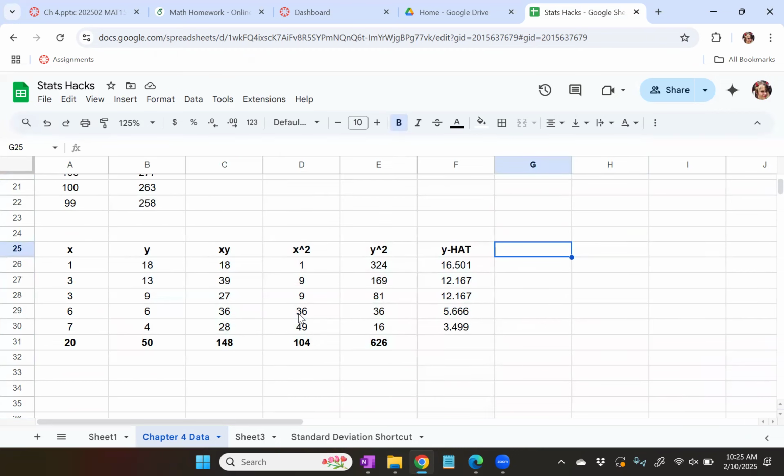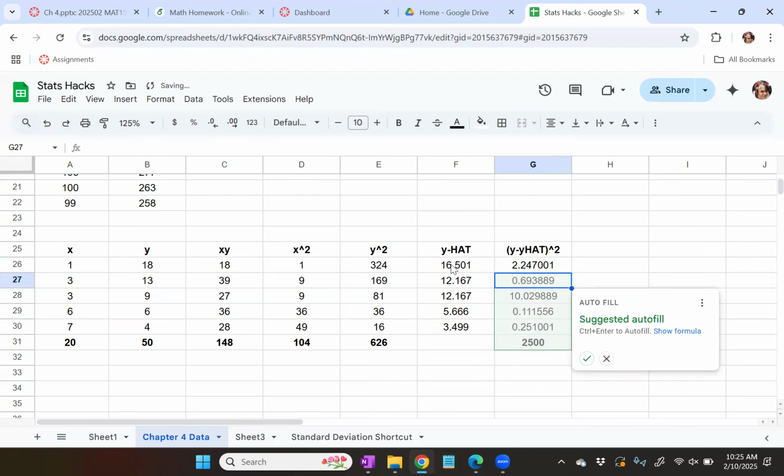This is going to be Y minus Y hat squared. So equals parentheses Y minus my Y hat value. This is going to work like I want it to. Yeah, I think it did.